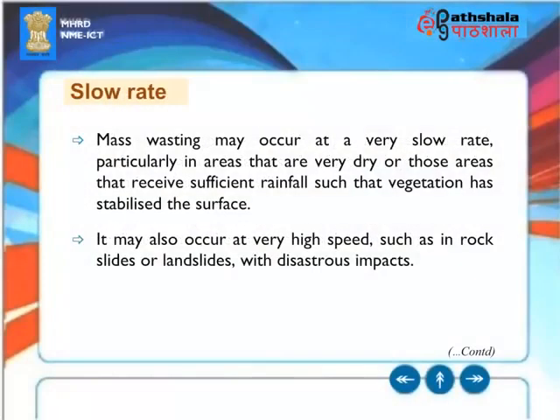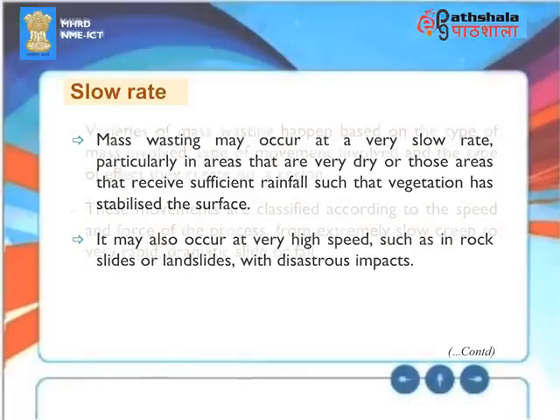Slow rate. Mass wasting may occur at a very slow rate, particularly in areas that are very dry or those areas that receive sufficient rainfall such that vegetation has stabilized the surface. It may also occur at very high speed, such as in rock slides or landslides with disastrous impacts.